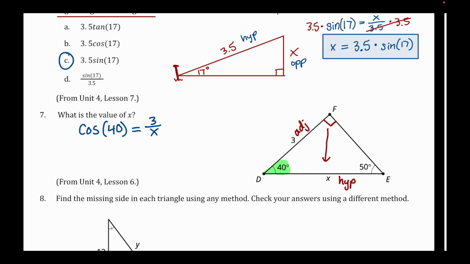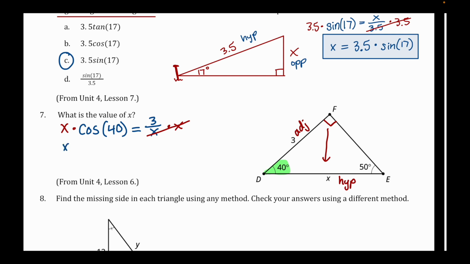Based on the way we would do the math here, we're going to multiply both sides by x and then divide both sides by cosine of 40. You'll end up with the x and the cosine 40 trading places, but I will show all of that work just so that you trust me on it. Those cancel out.